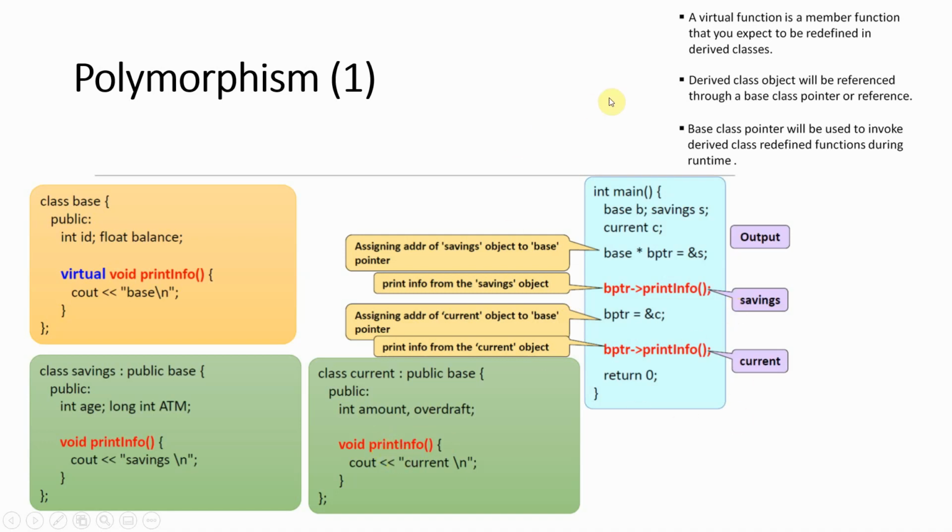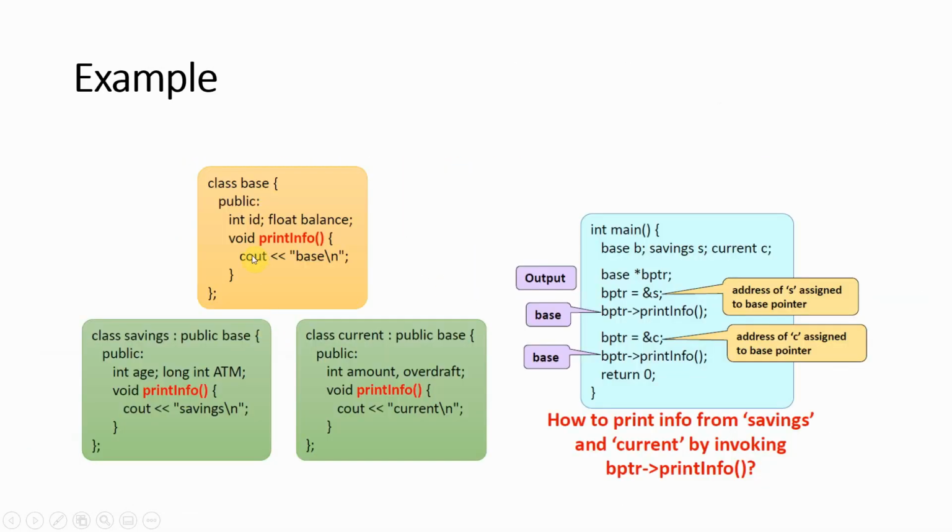So this needs more complexity for the compiler, because it has to figure out what bptr is pointing to. So there is some additional time needed for the compiler to figure this out. If we didn't have this virtual keyword, if you just look at this line, it's always going to call this one, no matter what bptr is pointing to.